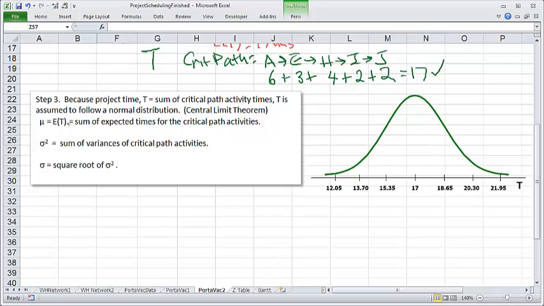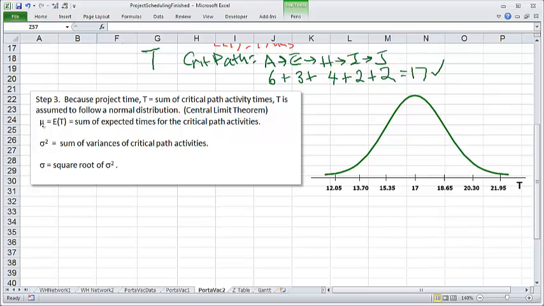Now again, for any distribution, we need to know the mean and the standard deviation, or the mean and the variance. Since if we have one, you can always get the other. Okay, so we want to find the mean and the standard deviation. Once we have those, then we could do our probability calculation.